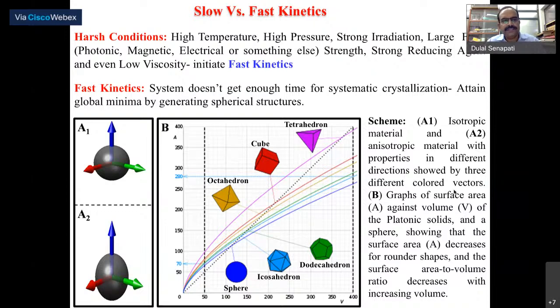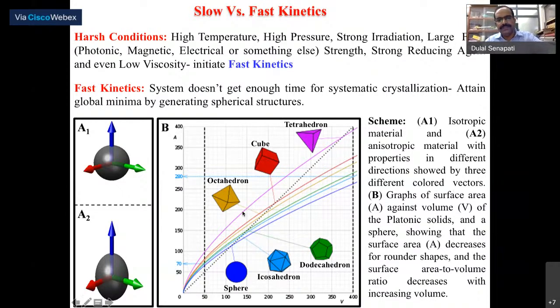Now the fast kinetic system, as I told, doesn't get enough time for systematic crystallization. So if the system doesn't get systematic crystallization, all the ions or atoms will come close to each other, and finally it will make a spherical particle.